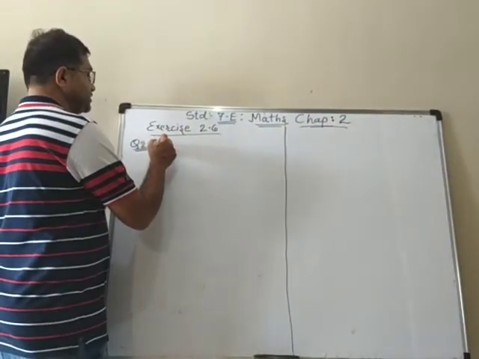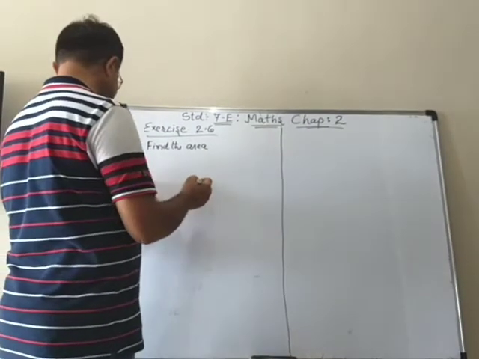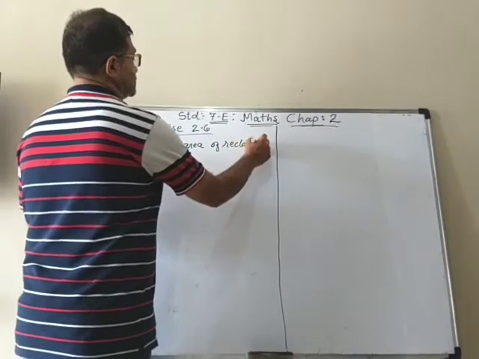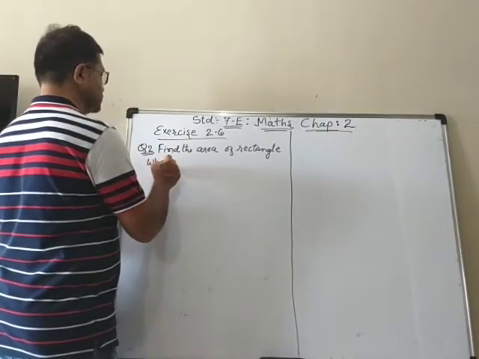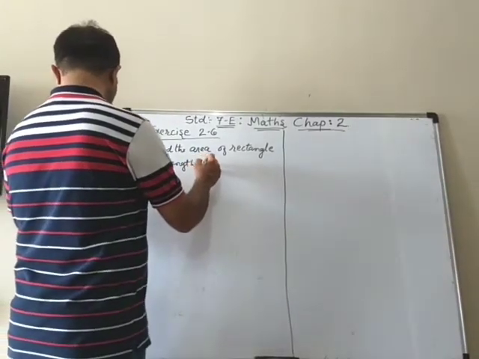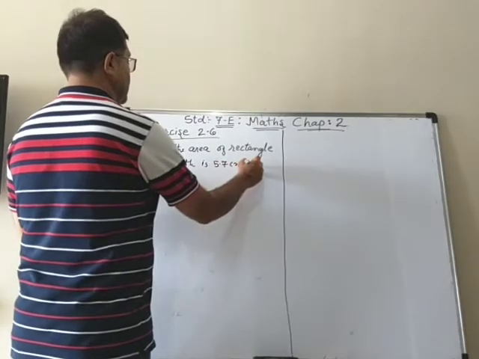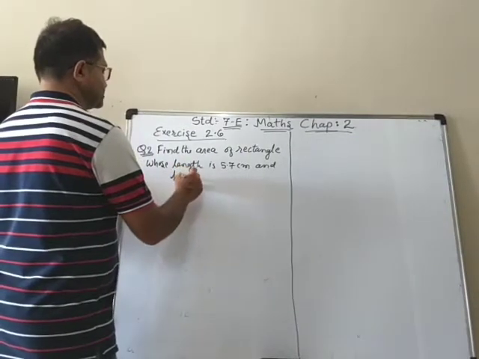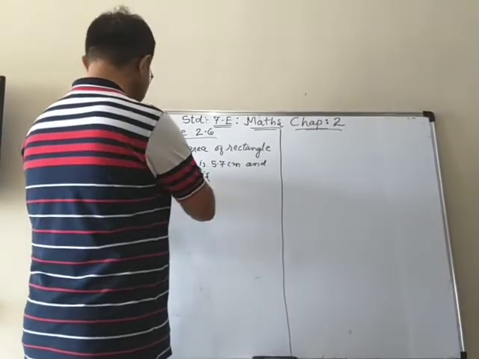It says that find the area of a rectangle whose length is 5.7 centimeter and breadth is 3 centimeter.